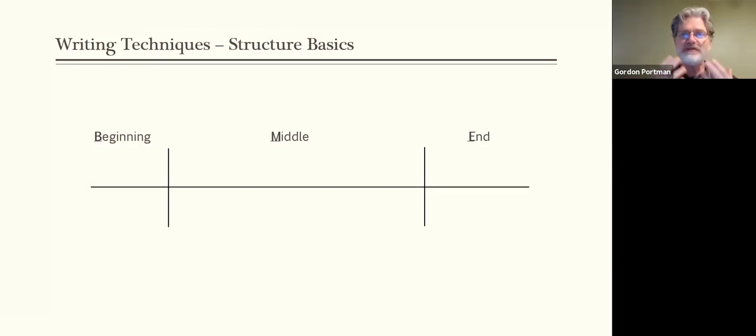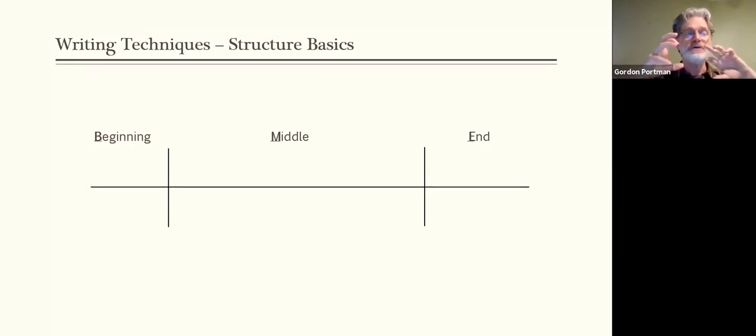There are different ways that we can think of a beginning and a middle and an ending in terms of what they do, what function they perform within a story. Because we're talking about how we organize ideas and content in order to move a reader along in a narrative.